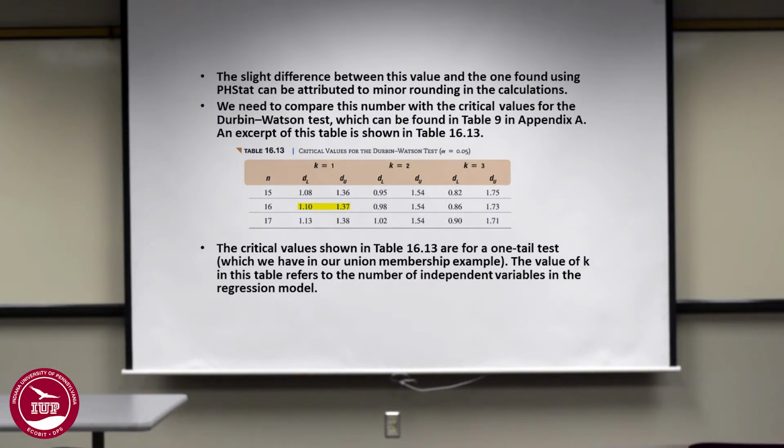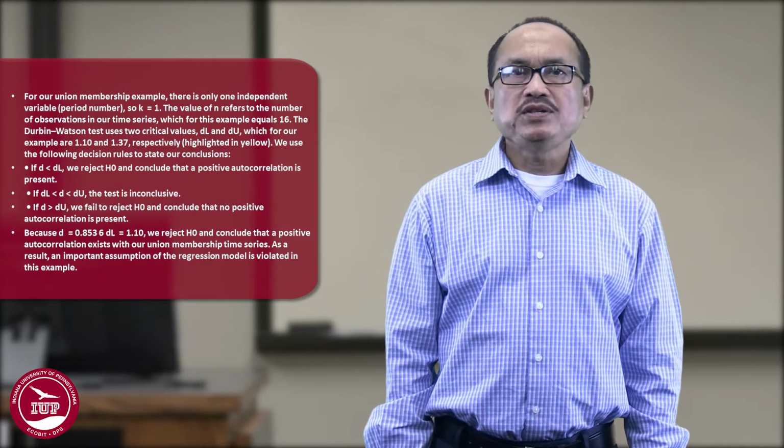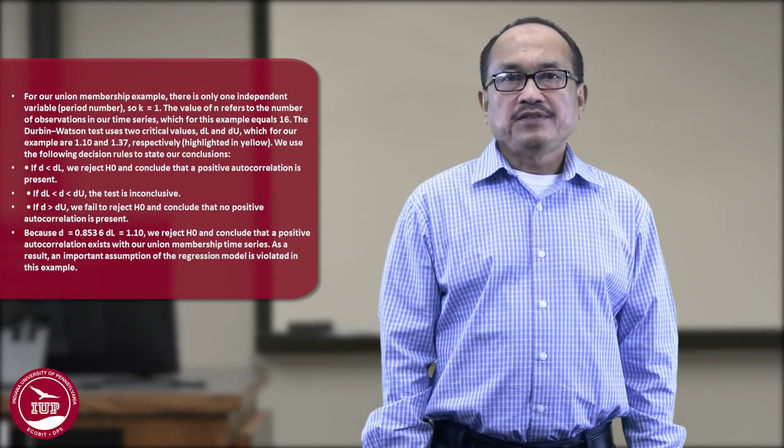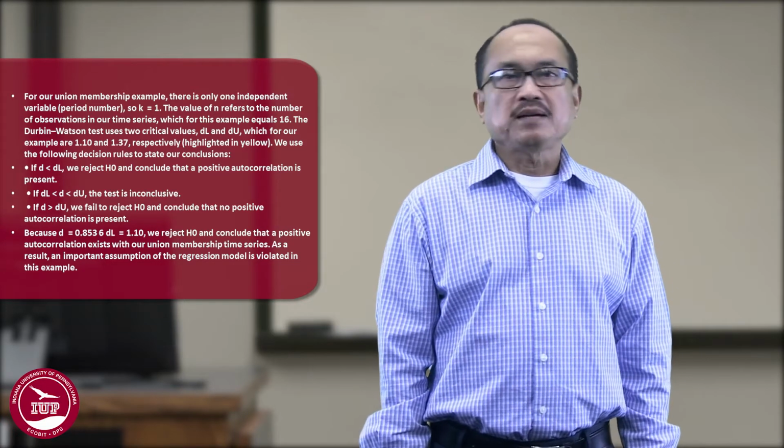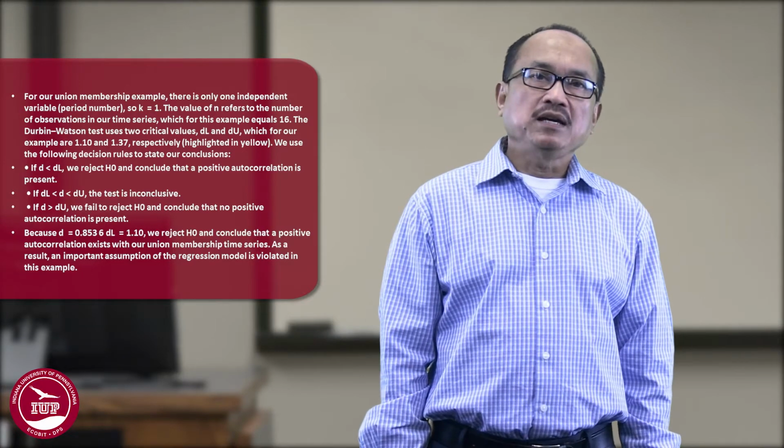The critical values shown in Table 16.13 are for a one-tailed test, which we have in our union membership example. The value of k in this table refers to the number of independent variables in the regression model. For our union membership example, there is only one independent variable, or period number, so k equal to 1.